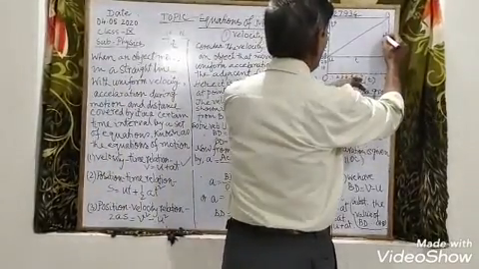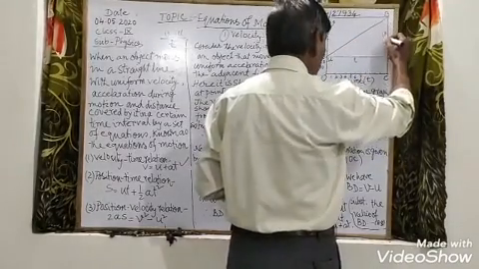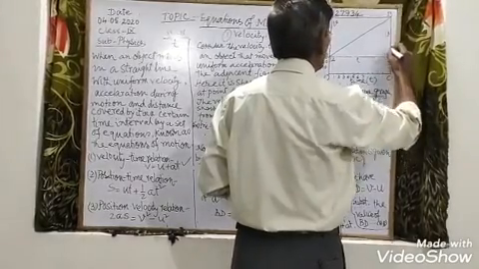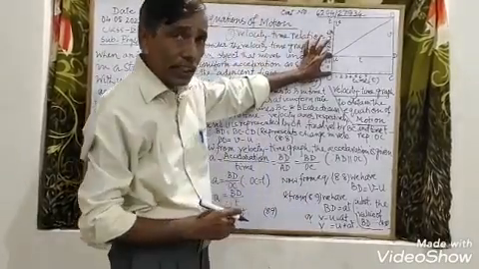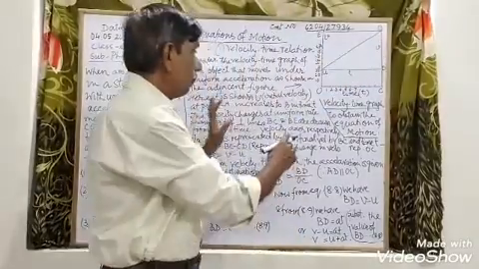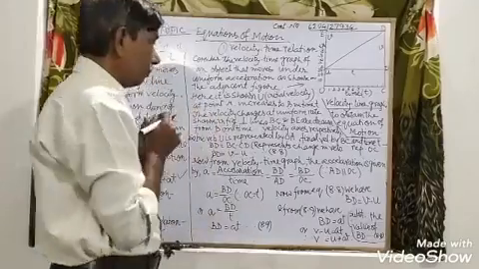You can see here, B is written here. This straight line and this perpendicular from B to C represent v, the final velocity. So OA is the initial velocity, and BC represents the final velocity in time t.